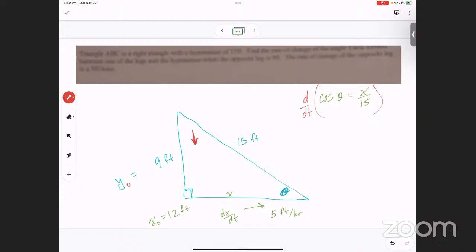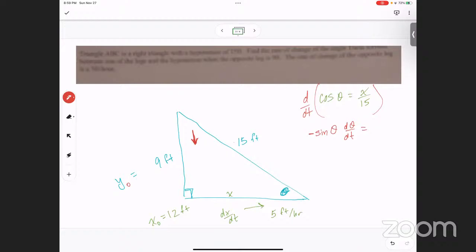So the cosine, what's the derivative of the cosine function? Negative sine theta, but then you have to multiply it by d theta over dt, right? Chain rule like we just talked about. You get that? And then for this one, what's the derivative of x over 15 with respect to time?